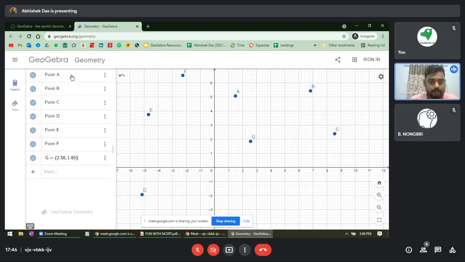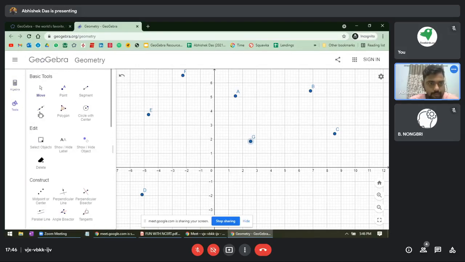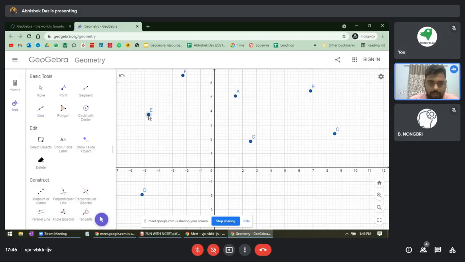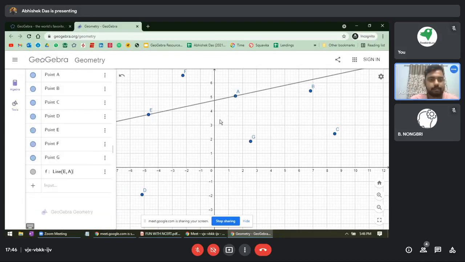So now you can see all the points out here. And if you click on the points, you will get their coordinates, right? Then you can also draw lines. So this one, and I want to draw a line between this point E and point A, and just click this tool and press enter.